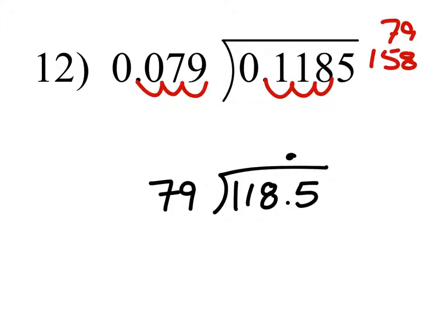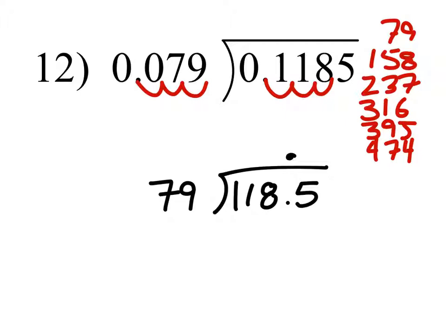158, 237, 316, 395, 474. We'll try one more, 553. If we need more, we'll make them. So 79 will not go into 1 or 11, but it will go into 118 once.